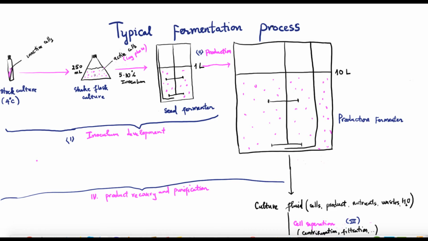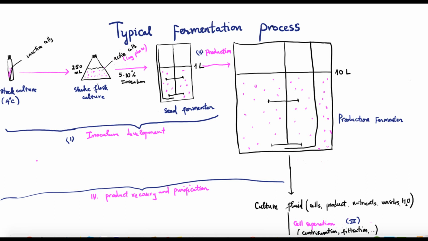When the cells enter their log phase, or are at their most healthy state, they are ready for the production of the desired product. This culture is also called an inoculum culture.